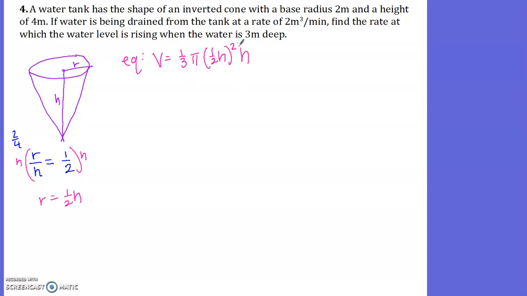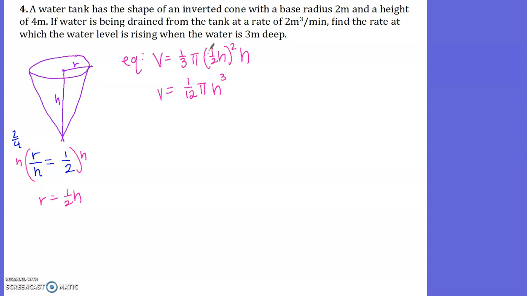Okay. So when I square this, that's going to give me 1/4. Okay. Well, 1/4 times the 1/3 will be 1/12. H squared times H will be H cubed. Okay. So you're always going to end up with an H cubed here. It's just the coefficient that will end up being different from problem to problem.